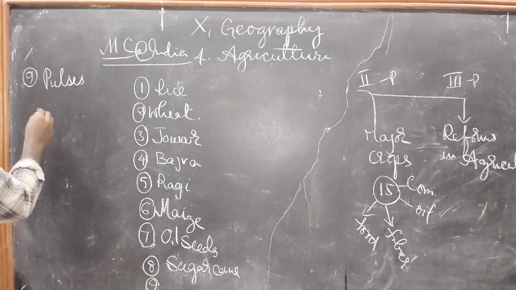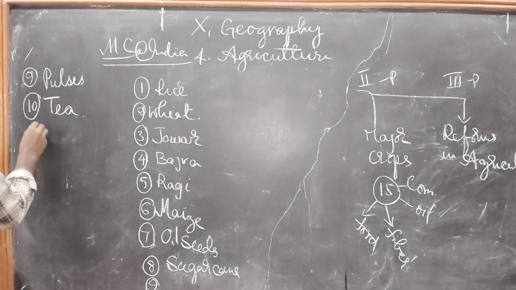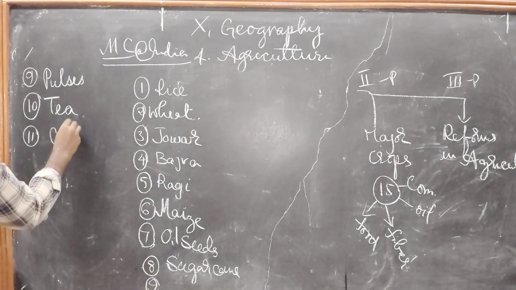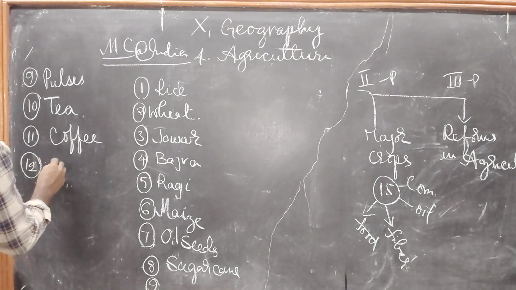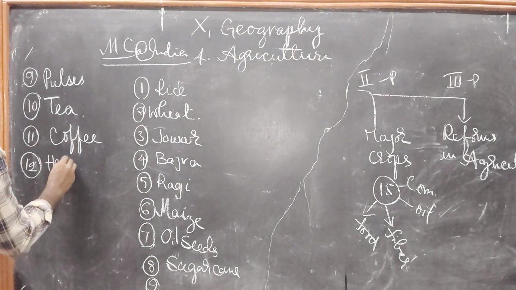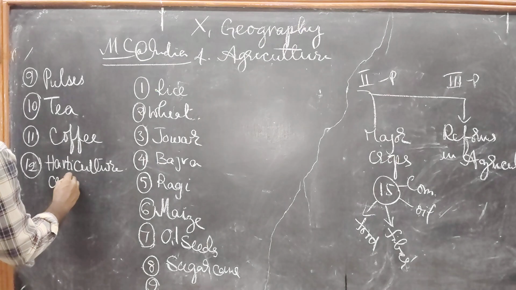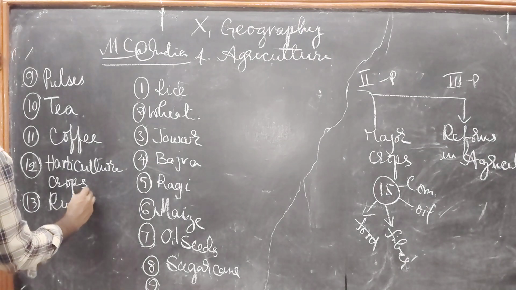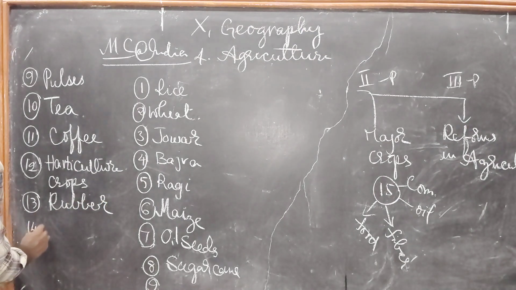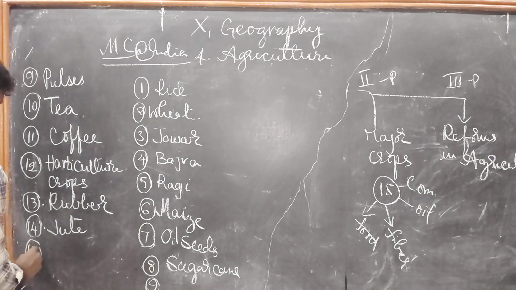And 10th one, tea. 11th one, coffee. 12th one, horticulture crops. 13th one, rubber. 14th one, jute. 15th one, cotton.